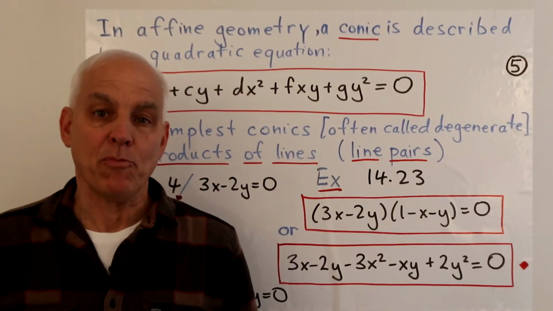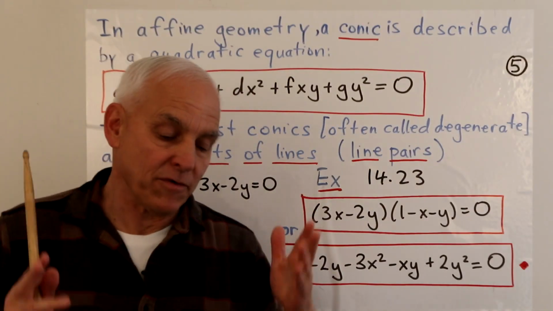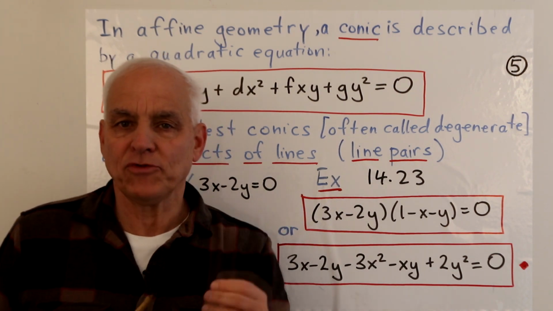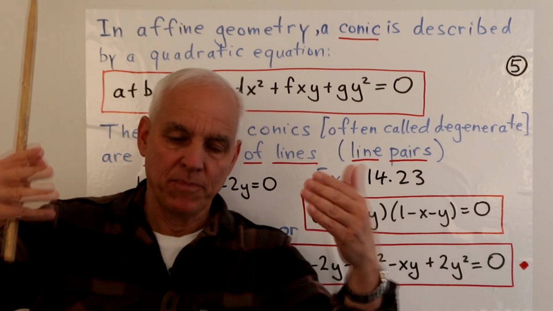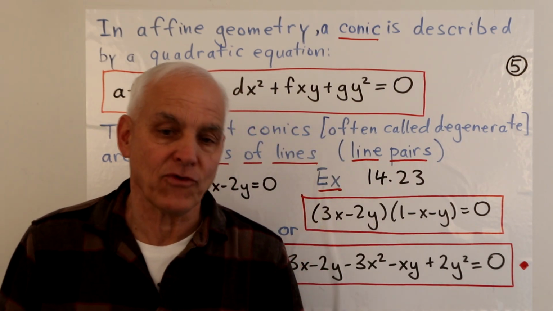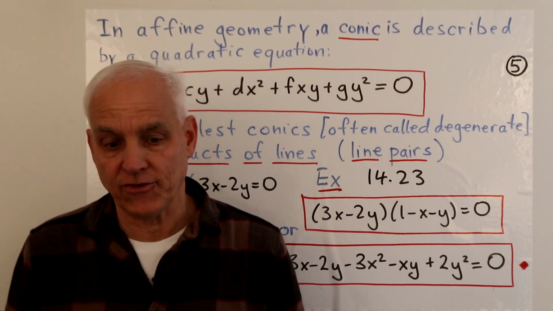Now, points and lines have been studied for thousands of years. But the ancient Greeks were also interested in the next step up, which are more interesting, more subtle curves called conic sections, or just conics.